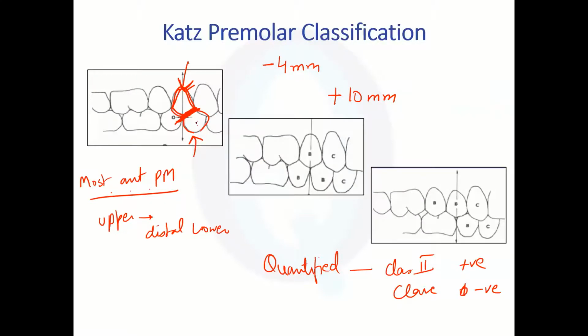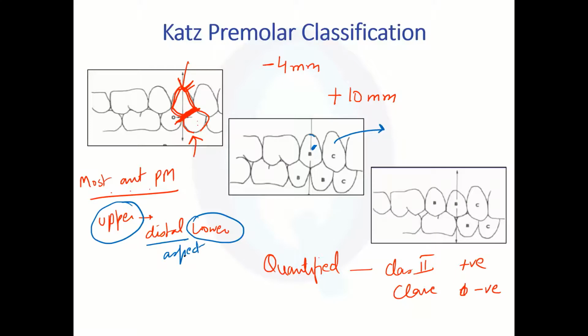In Katz premolar classification, we talk about the most anterior premolar. So it holds good when there is premolar extraction or premolar absence.